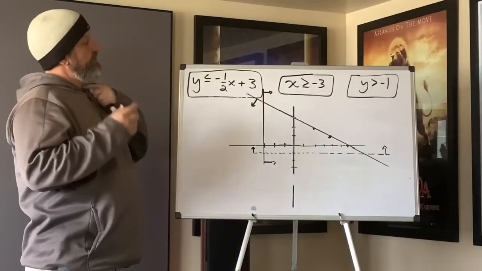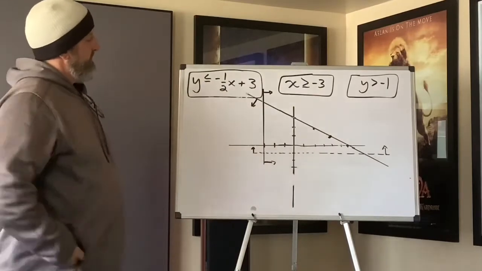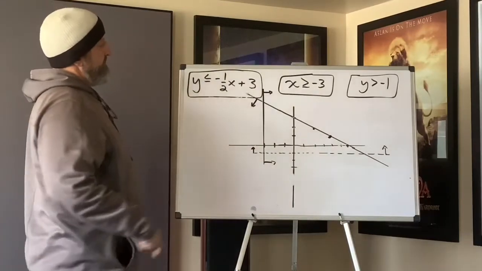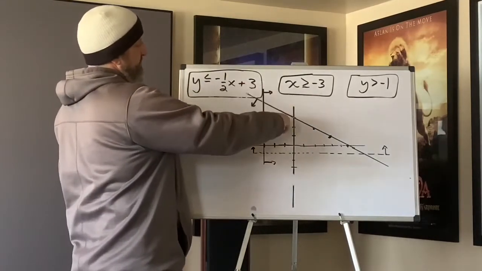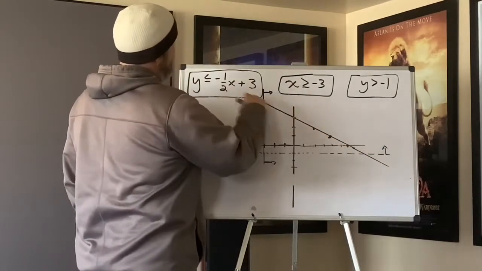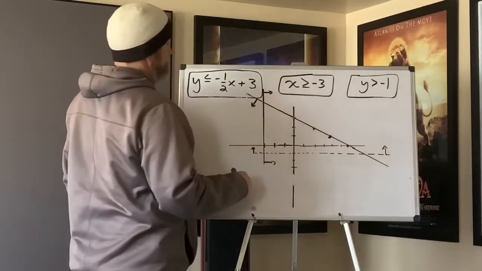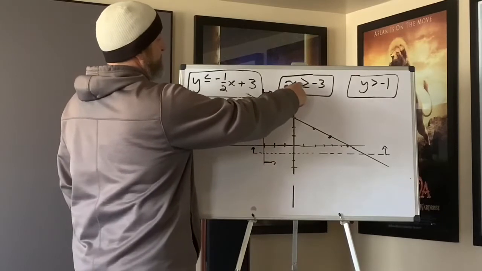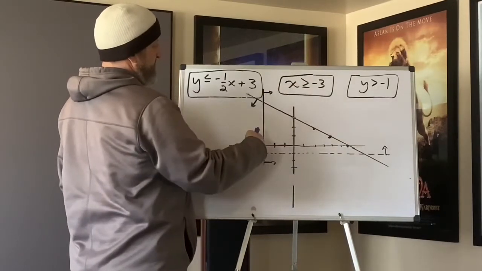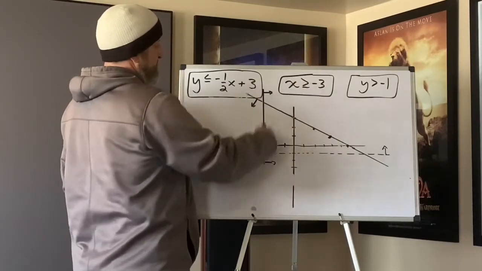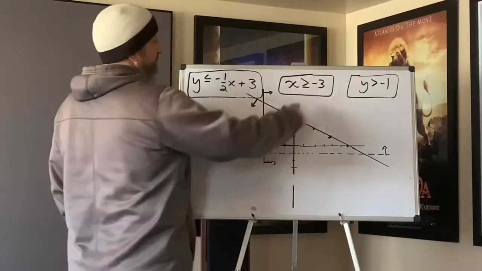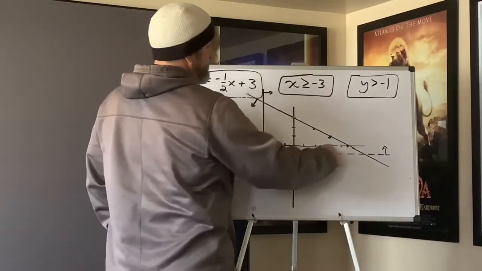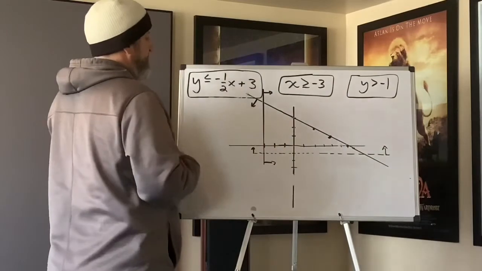All right, so we got it graphed. Starts at 3, down 1 over 2, down 1 over 2, solid line, shading everything less. Okay, x is greater than or equal to negative 3, so we come back to negative 3, shading everything greater, solid line because it's equal to. Y is strictly greater than negative 1, so dotted line, shading everything above.